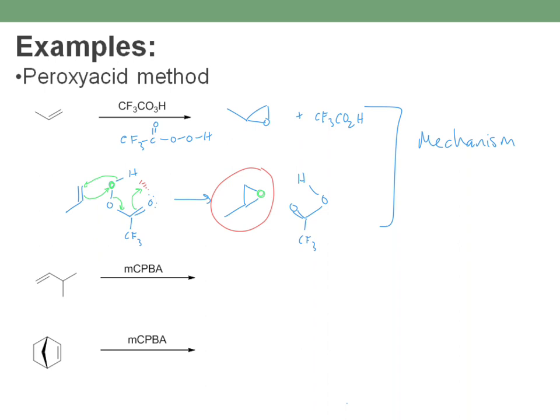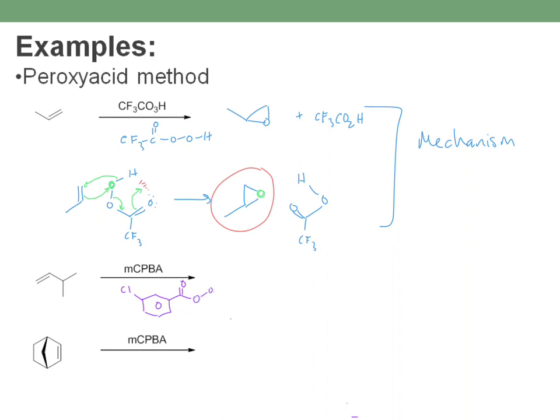A very, very common peroxyacid that's used for these types of reactions, especially in textbooks, is called MCPBA. That stands for metachloroperoxybenzoic acid, and it looks like this. So meta probably means nothing to you yet if you haven't done aromatic nomenclature yet, but meta means that it's two away from some group. So metachloro is MC, and then PBA is peroxybenzoic acid.